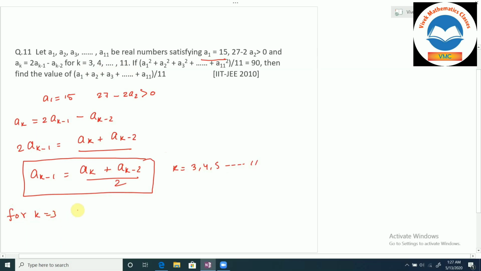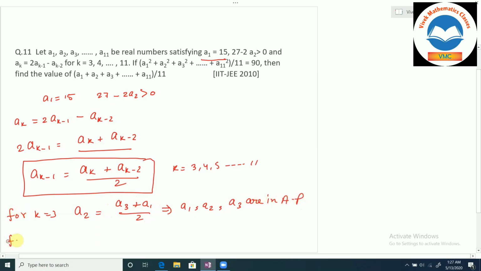For K equal to 3 we will get A2 equal to A3 plus A1 divided by 2. If you see this, A1 plus A3 divided by 2 equal to A2. What it means is that we can say A1, A2, A3 are in AP.